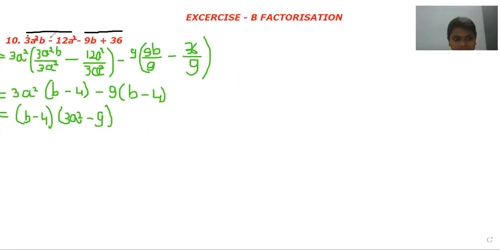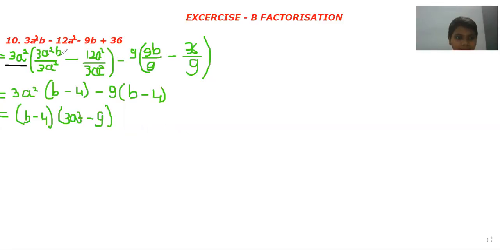I took 3 as common because 3 is divisible to 12 and itself. And I took 3a square, because a square is in both terms, right? So I took 3a square.